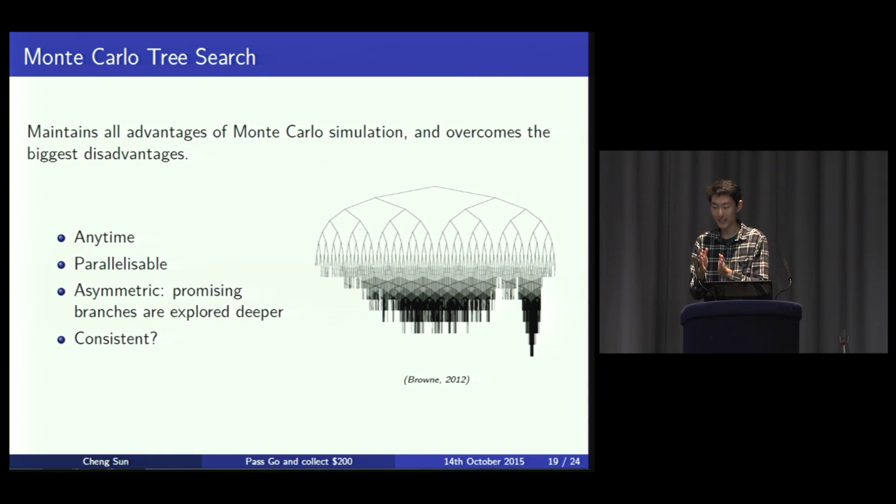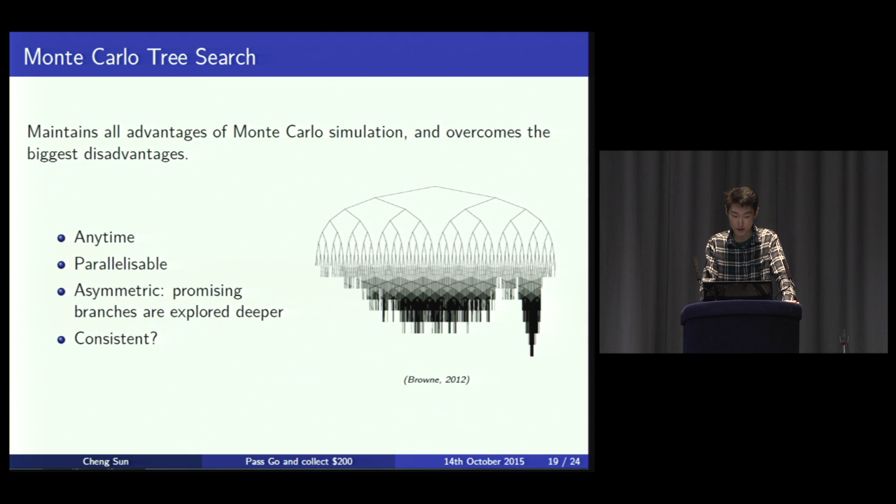So if we select one area of the tree much more than another, it will grow deeper and deeper, and we will search more into more promising areas. So for example, in the graph to the right, where we have one set of actions which actually leads to a very promising result, which is why they search deeper, just to make sure that that is indeed the case. And if you're careful, Monte Carlo Tree Search is also consistent. This depends on the selection strategy for picking the child nodes.